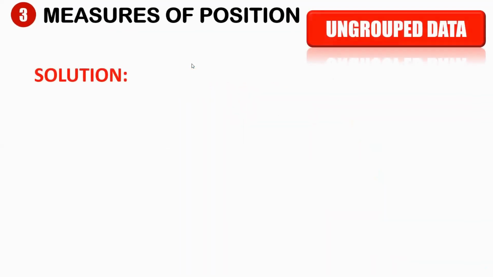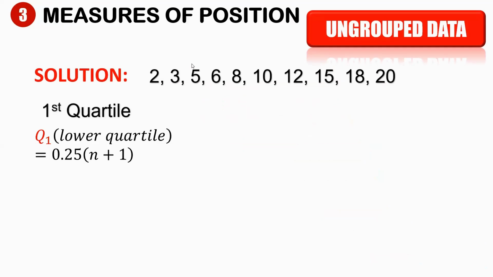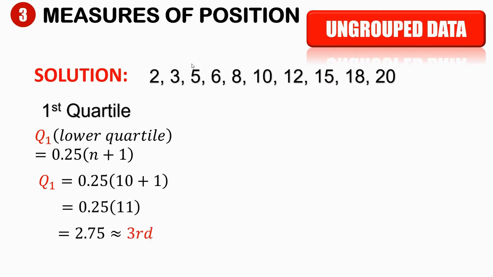For the first quartile, that is 0.25 times n plus 1. Let us simplify. How many data values do we have here? That is 10, so that is the value of our n. Then 0.25 times 10 plus 1 is equal to 0.25 times 11, which is 2.75.